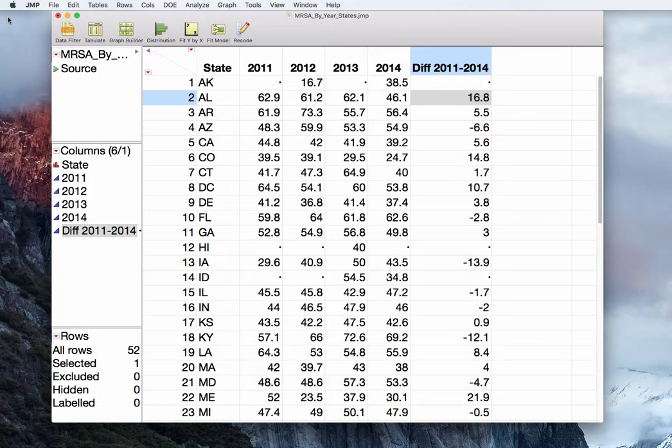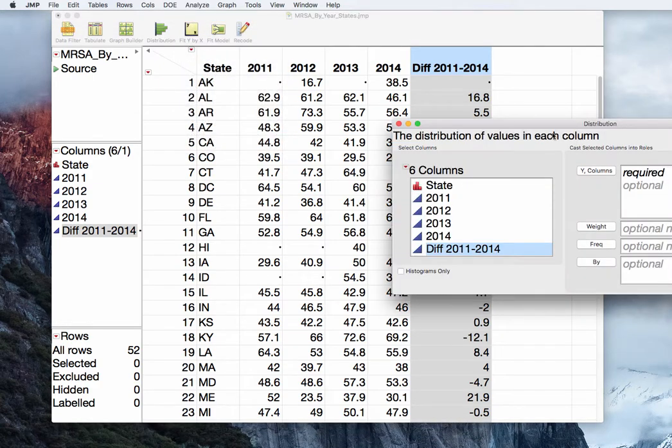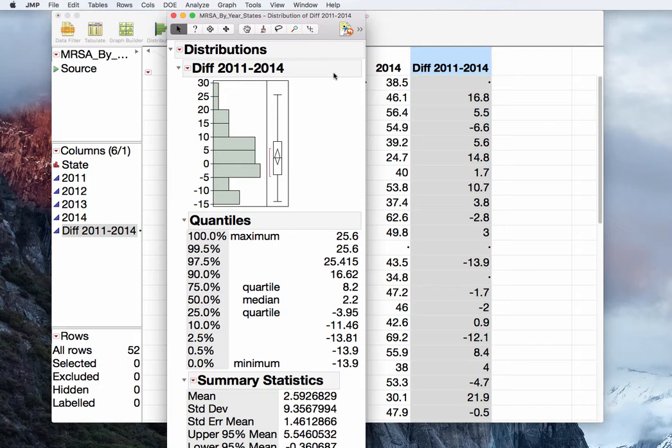So what we'd really like to do is do a comparison of the difference score to 0. That is, has there been a change in the percentage, the mean percentage from 2011 to 2014? And specifically, we want to know if it's gotten smaller. Has it been reduced? So I'm going to go Analyze, Distribution, put my difference score as my Y. So here we want to compare if the mean of 2.69 is different from 0.